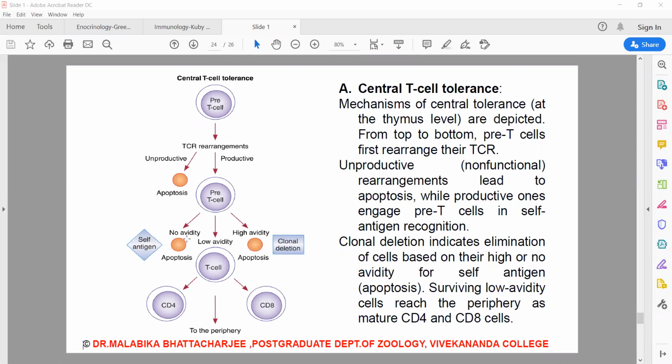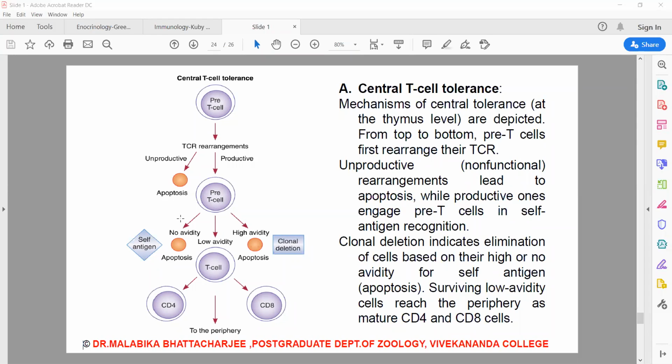Then see, there are three factors written: no avidity, low avidity, high avidity. Avidity is the total of the immune interaction between antigen presenting cell and T lymphocytes. So low avidity means moderate avidity. So the pre-T cell, the T lymphocyte, has moderate avidity for antigens.